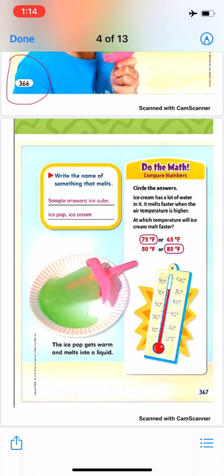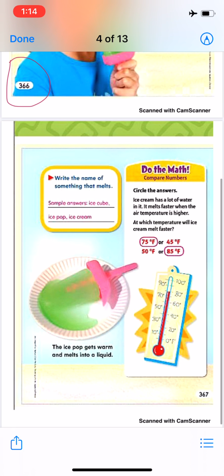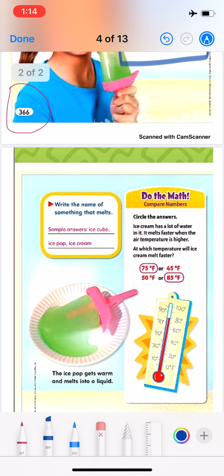So what happens to something when it melts? It turns from a solid to liquid. It's just the opposite.